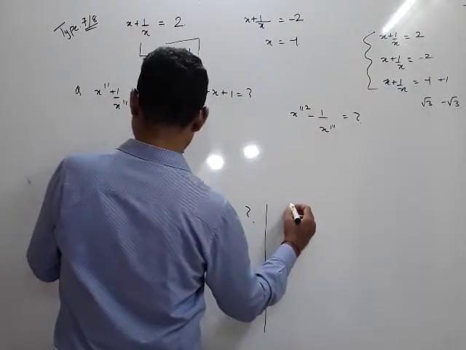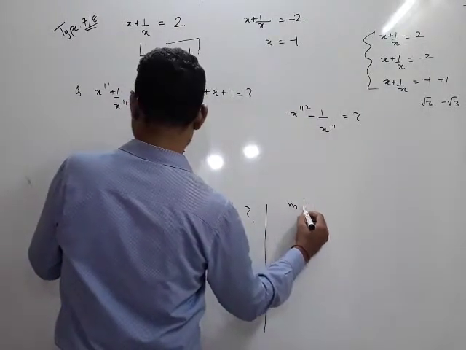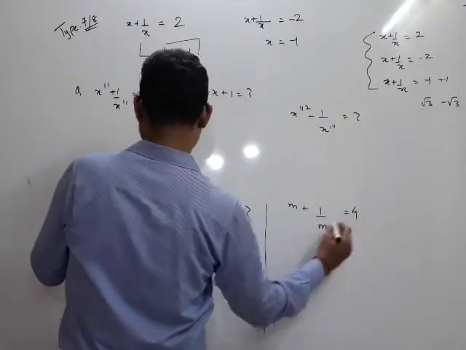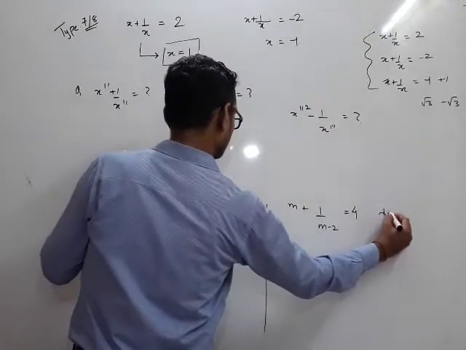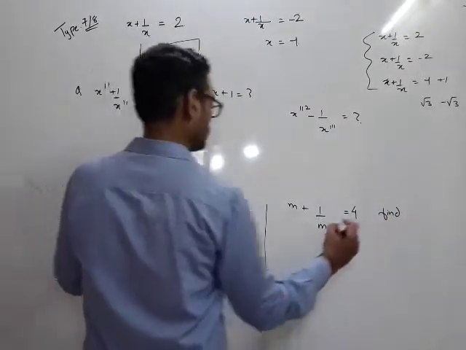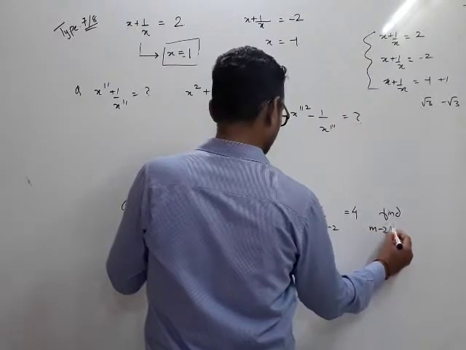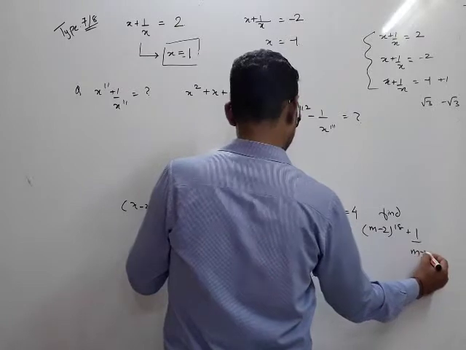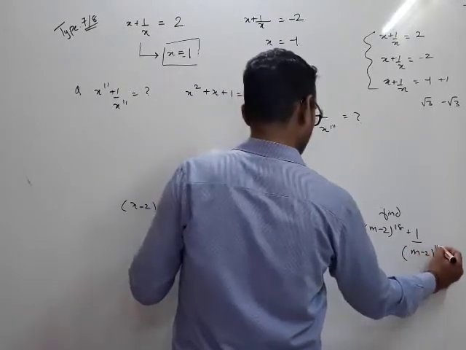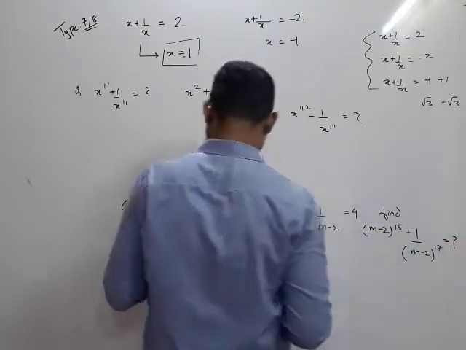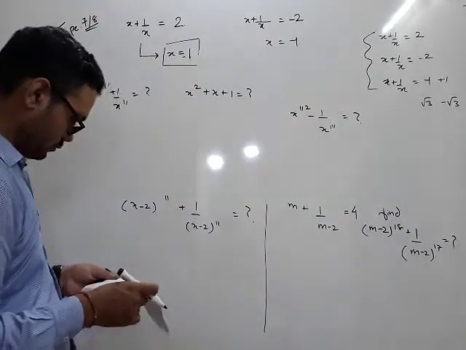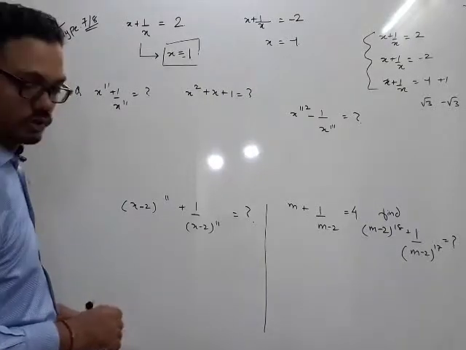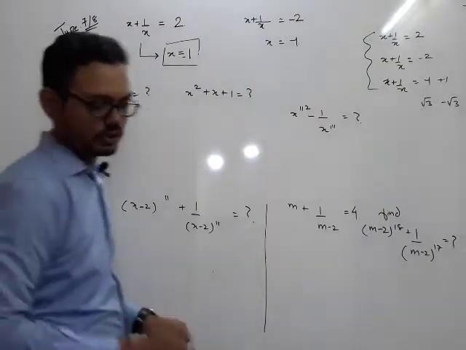And m plus 1 upon m minus 2 is 4. Find m minus 2 raised to 18 plus 1 upon m minus 2 raised to 17. Alright, so these are the different types of questions which are asked.